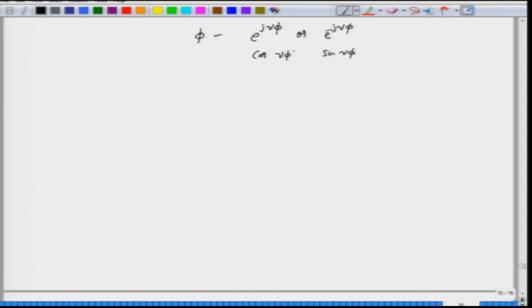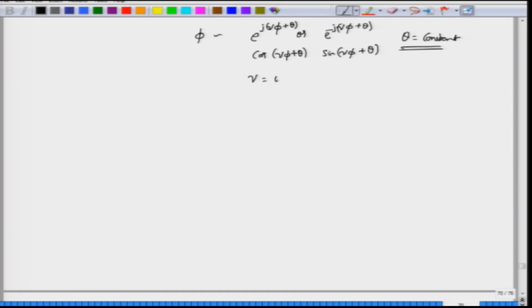We will also add some extra theta to this, so that it can be used later on for boundary matching. We will not need it here because we are not solving it, but in general it is a good idea to take this as e power j (nu phi plus theta) and adjust the value of theta to obtain different modes. Theta of course is a constant for a given mode, and you can adjust that value of theta to obtain whether a certain mode exists or does not exist.